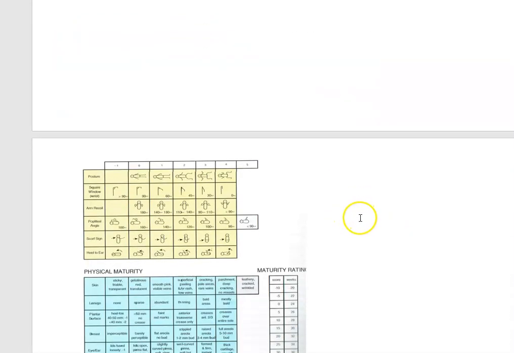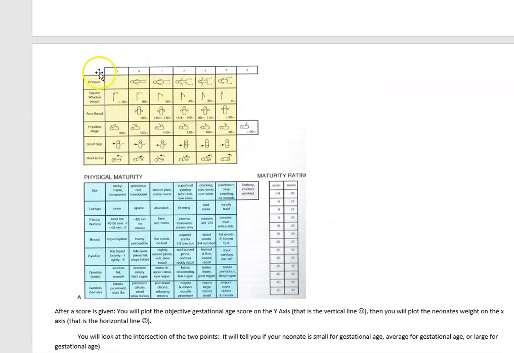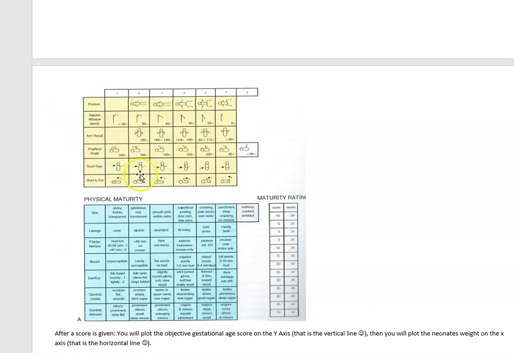Okay, so here's the scoring sheet for the gestational age assessment. What I really need to show you is that when you are looking at these parameters, this top one is based on neurologic maturity, and this bottom one is based on physical maturity.